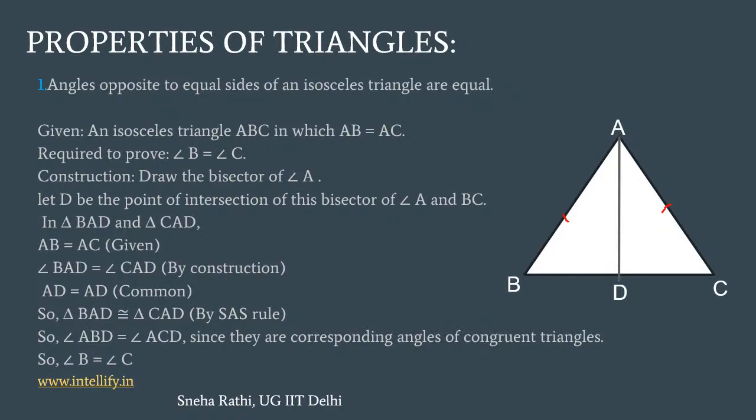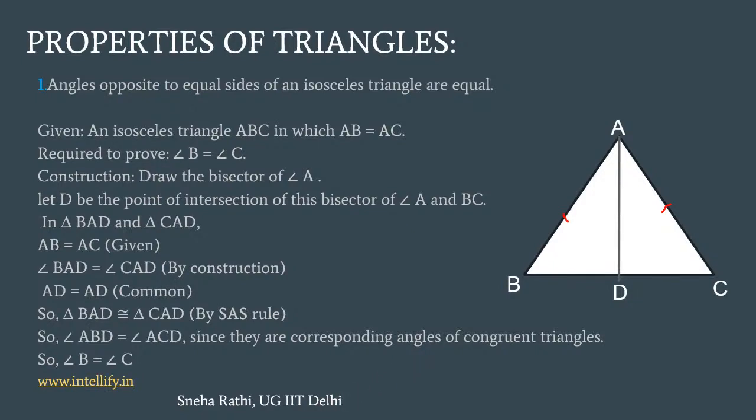Here you need to do construction that you need to draw bisector of angle A, which means that angle BAD will be equal to angle DAC. So now consider triangle ABD and triangle DAC.